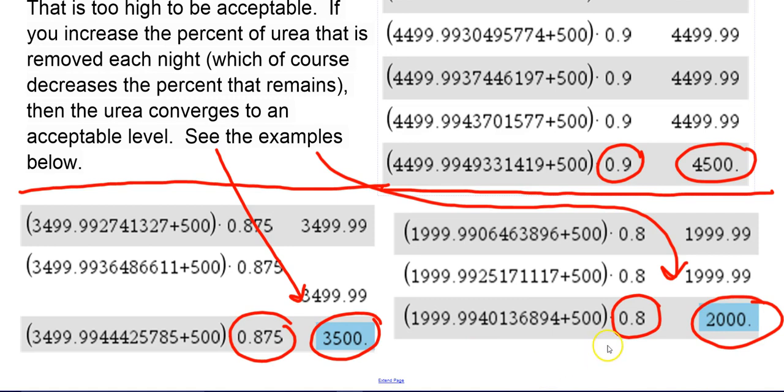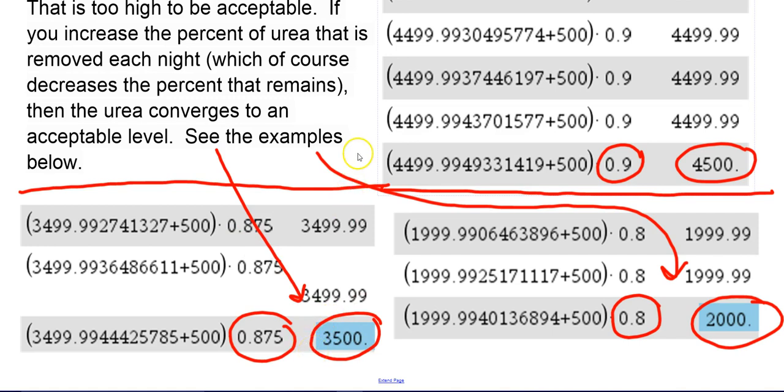So here's a couple of examples. If we'd made that 0.8 instead of 0.9, we could have a sustainable level at 2,000, which would keep the pool a lot cleaner. If we felt like that was too cost prohibitive, we could use 0.875 and get it sustainable at 3,500.